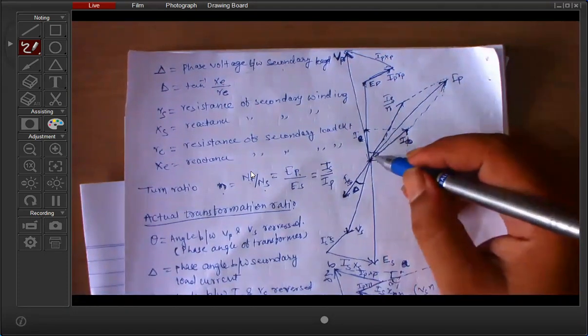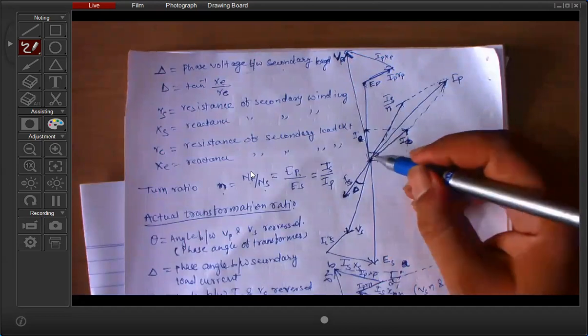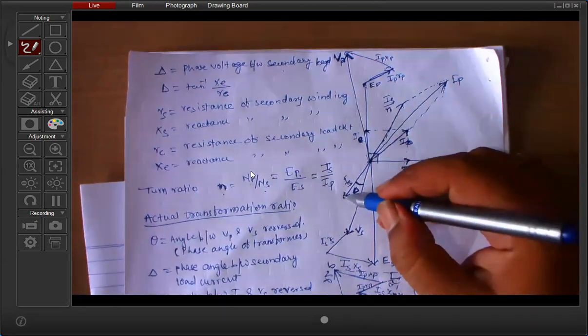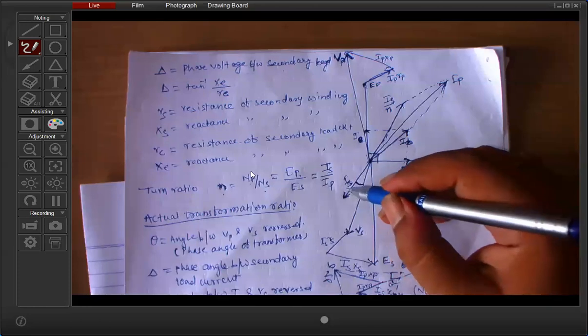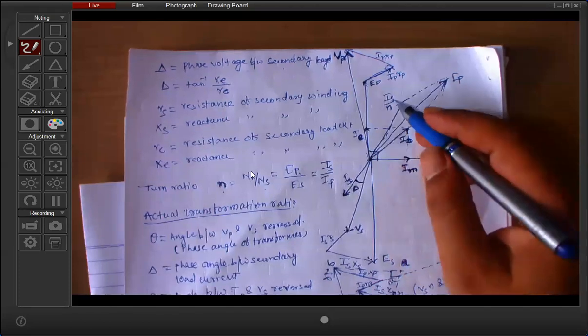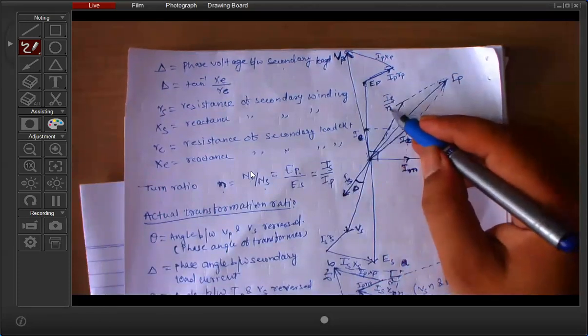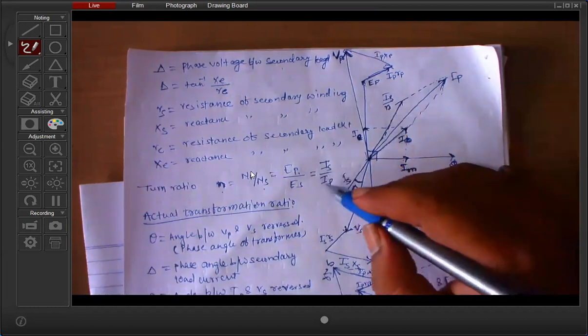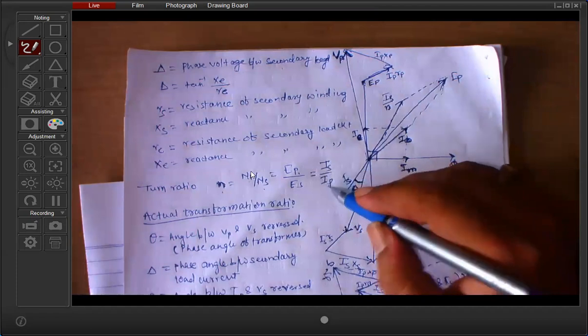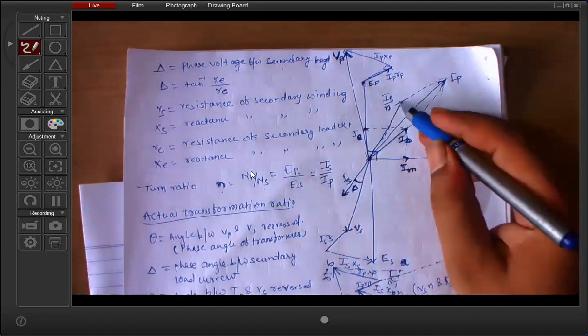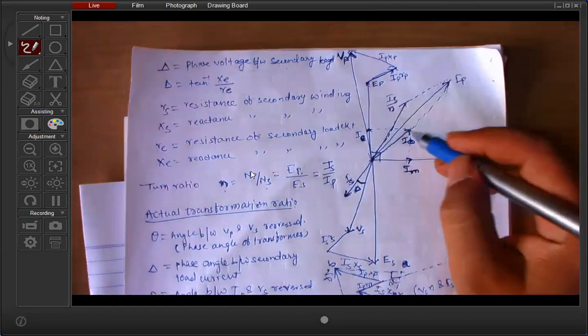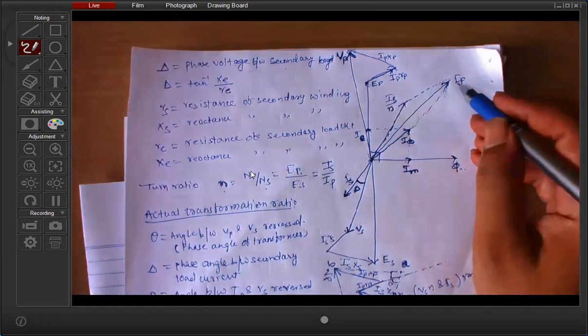Then the IP component, when you refer it to the primary side, is equal to IS by N. Yes or no? What is the value of IP? IP is equal to IS by N. Now the phasor sum of the IS by N component and I naught is equal to the primary current. Any doubt?